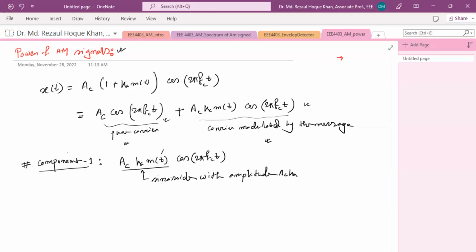So you see this is time varying, right? It is a sinusoid with amplitude AC Ka m(t).